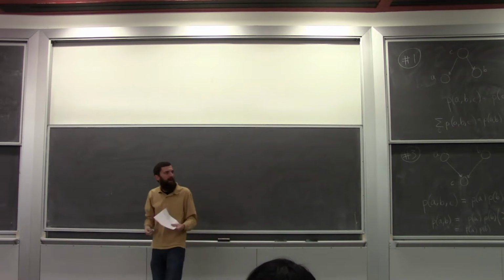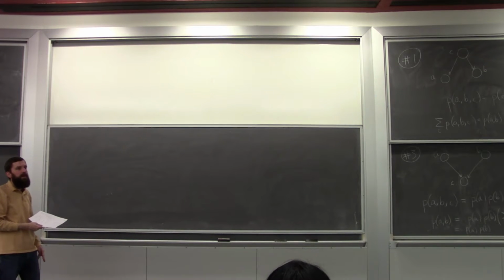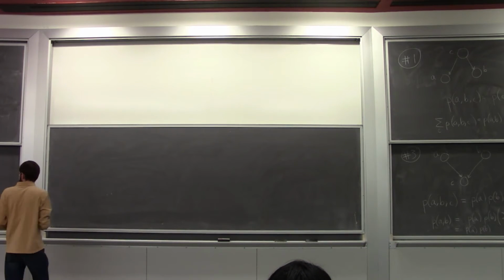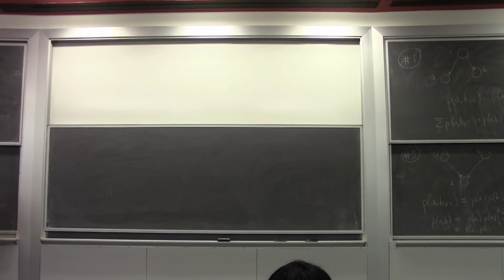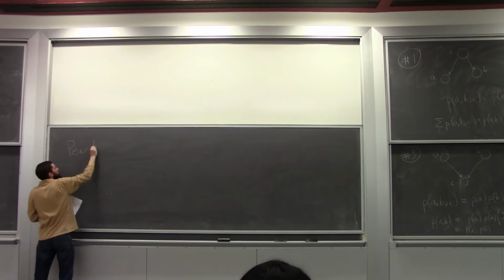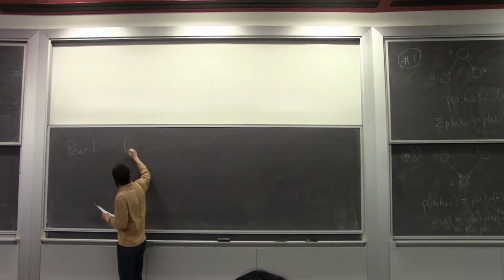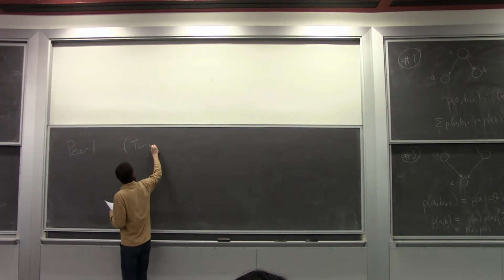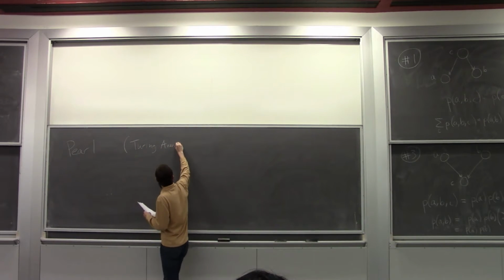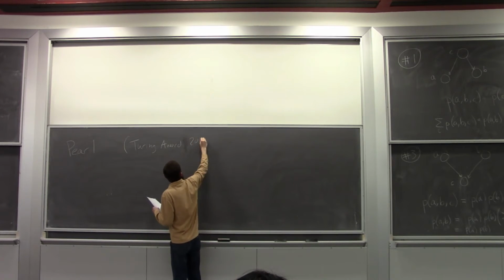Oh, I did need to make a historical comment here. A person who's really credited with these Bayesian networks was Pearl, who hopefully the computer scientists in the room know was the Turing Award winner, I think about 5 years ago, maybe 2011.